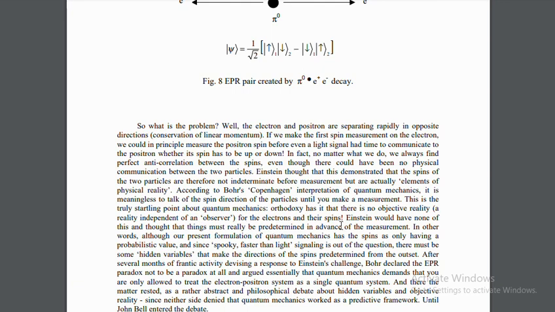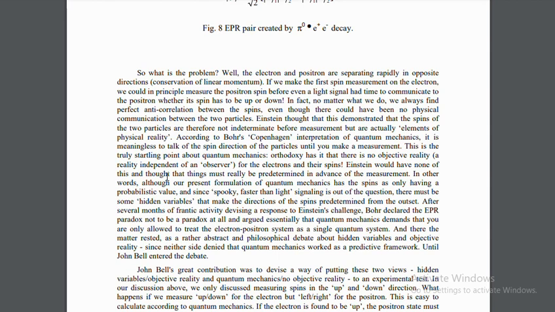For the electrons and their spins, Einstein thought that things must really be predetermined in advance of the measurement.